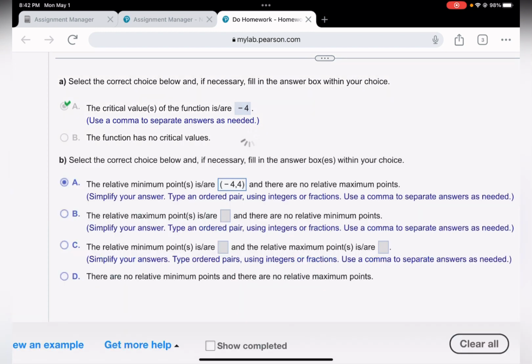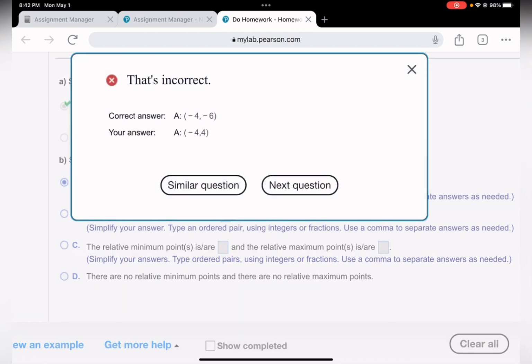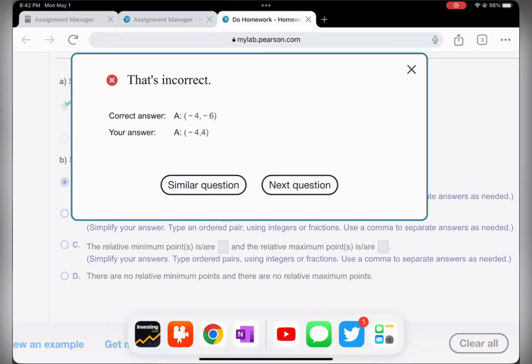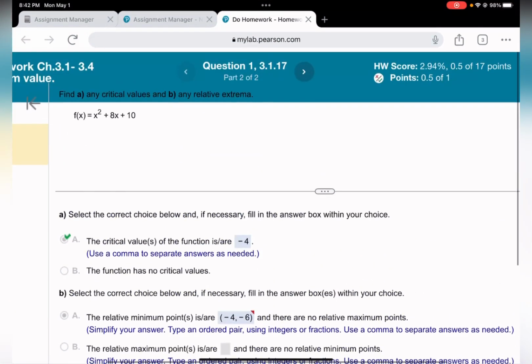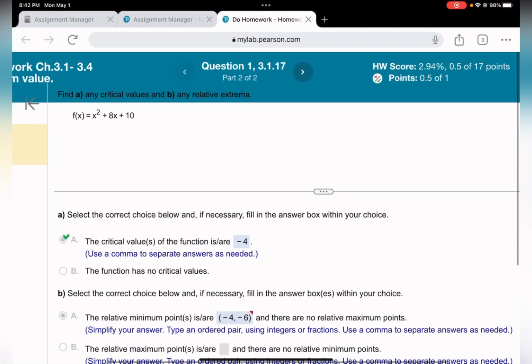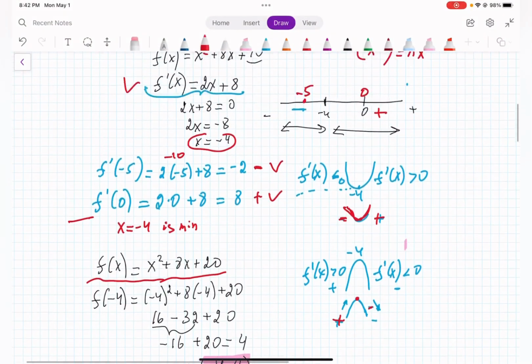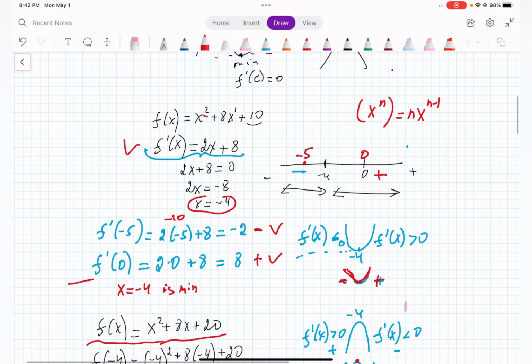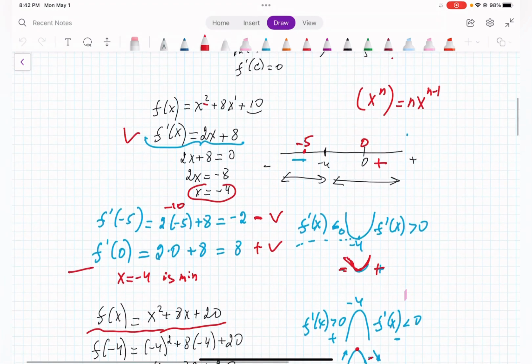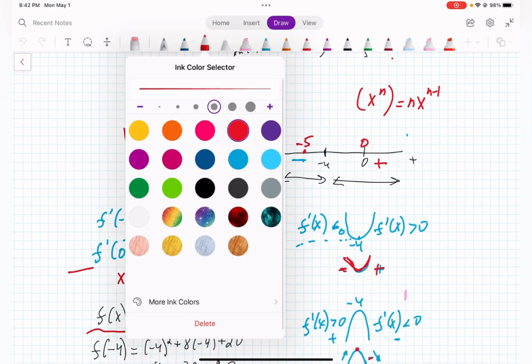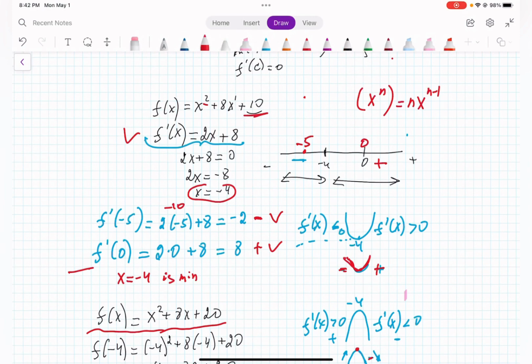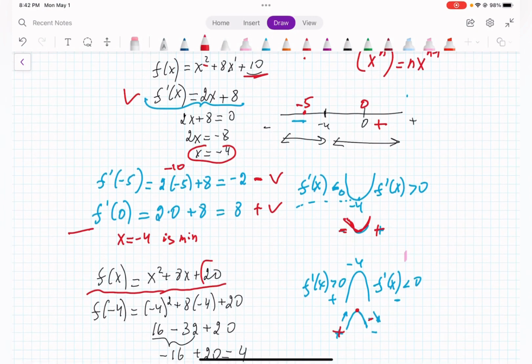I want to see what the answer is going to be. -4, -6. How is it possible? Oh, x squared plus, oh, hold on. Wow. See, silly mistake. Instead of plus 10, I put here plus 20.